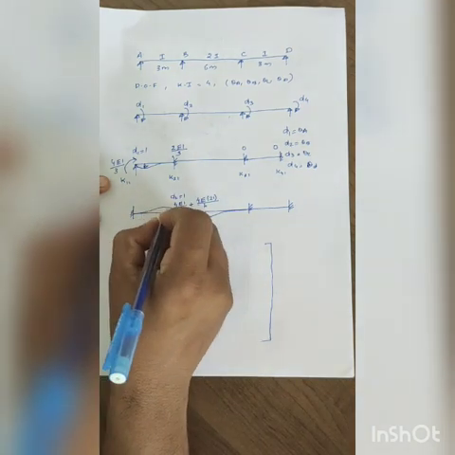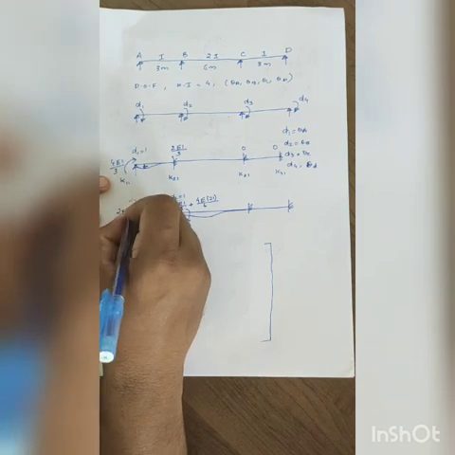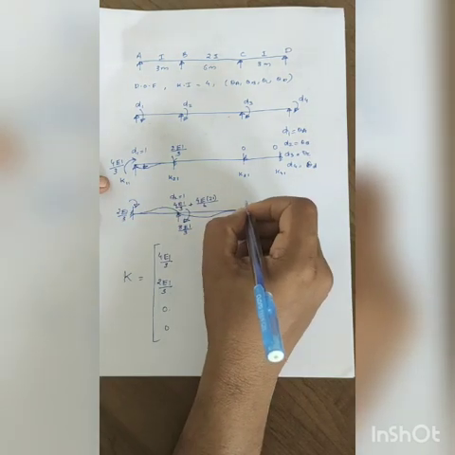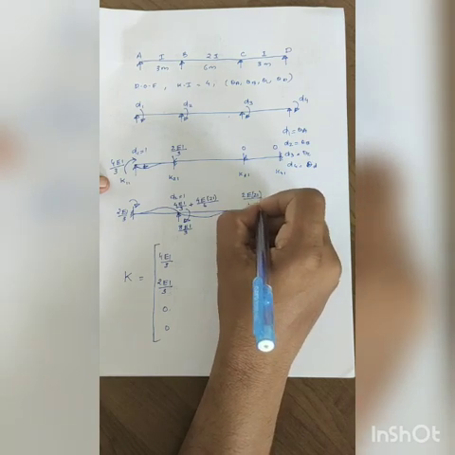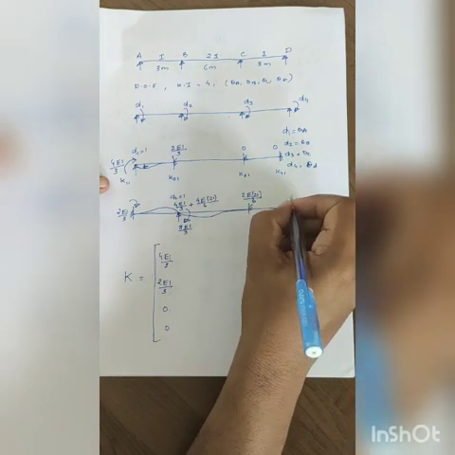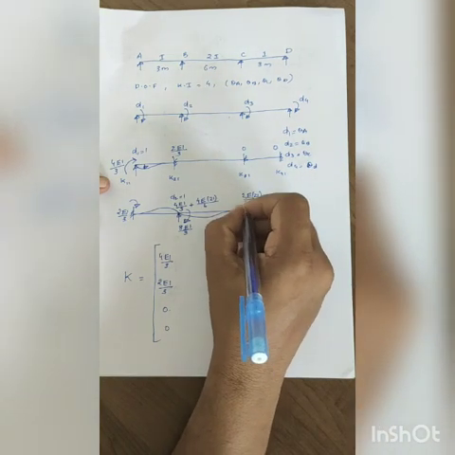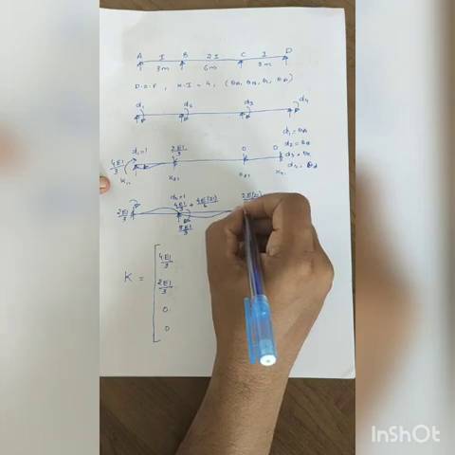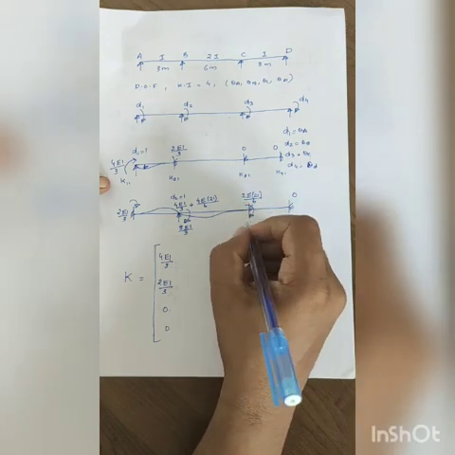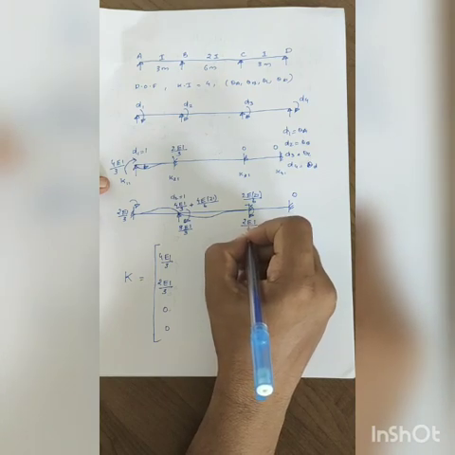And here the moment transferred will be 2EI by 3, in the clockwise direction. Here the moment transferred will be 2E into 2I by 6, and here it will be 0. Here also it is in clockwise direction, and the value will be 2EI by 3, because 2 and 6 get cancelled, and finally you get 2EI by 3.